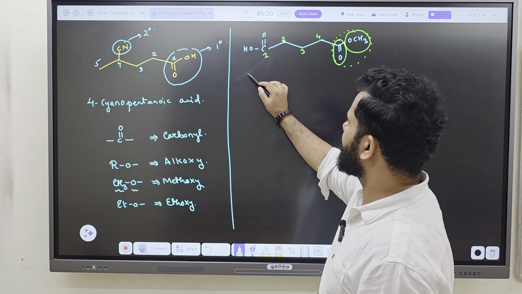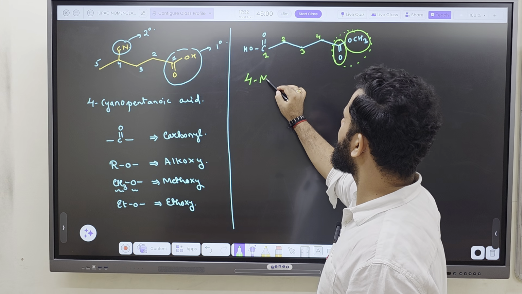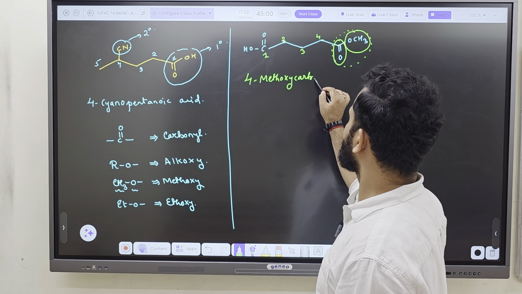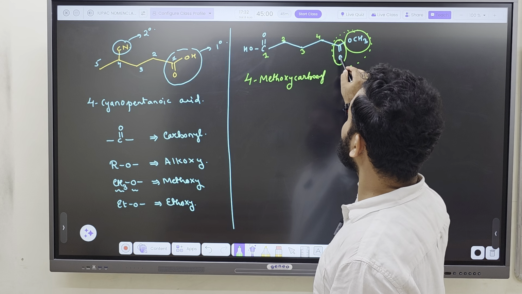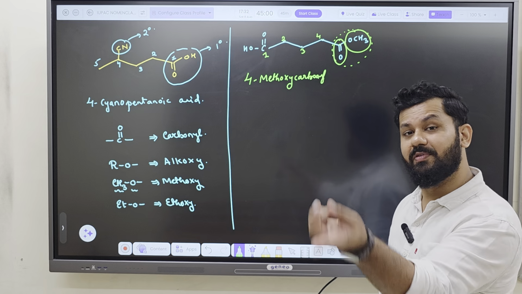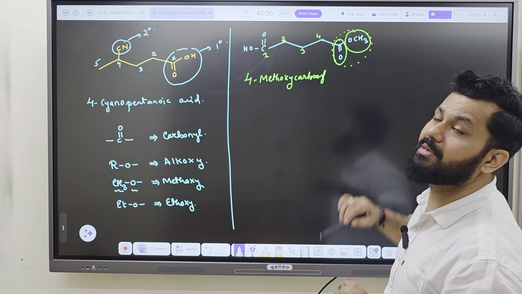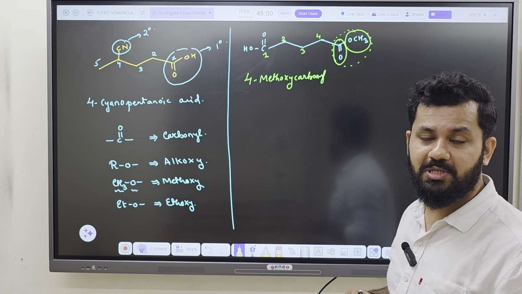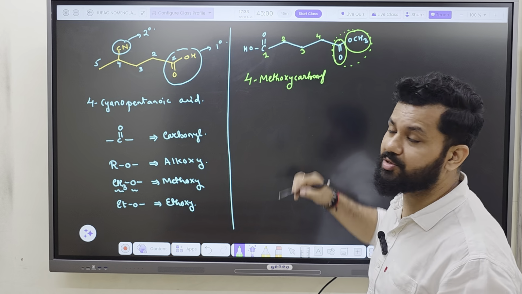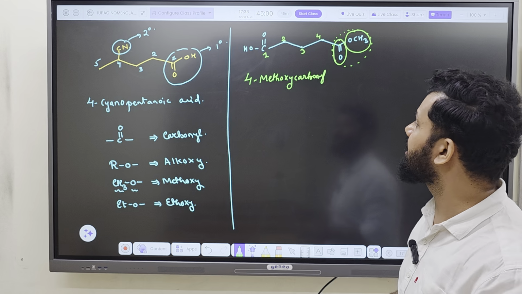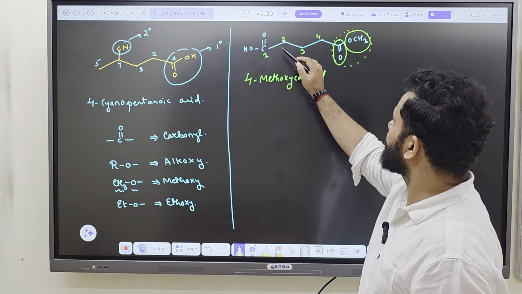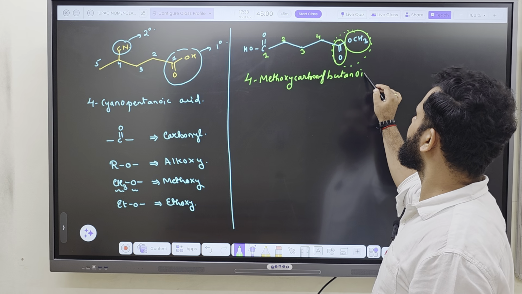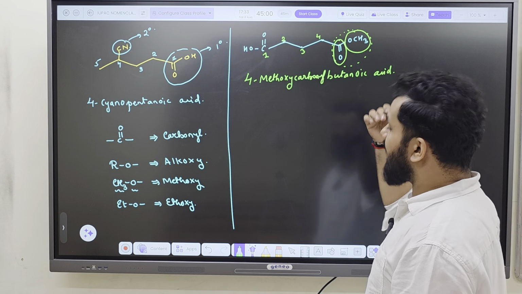So we'll write it like this: 4 connected to methoxycarbonyl. The part through which it is connected to PCC will come later. It is not carbonyl methoxy, it is methoxycarbonyl, because carbonyl is connected to PCC. The part which is connected to PCC will be named later, methoxycarbonyl. Okay, 4-methoxycarbonyl. Rest is quite simple: butanoic acid.